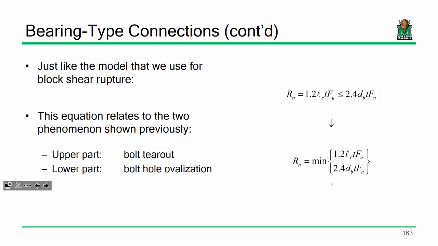This top expression right here is the one that's working to compute the bolt tear out capacity. The one on the bottom is the one that's trying to predict how much the bolt hole is going to stretch, the plastification we're going to get right around that bolt. Remember how it sort of mashed up and turned into Play-Doh? That's what's going on right here. This one up top, that's for tear out. So far, so good? All right.